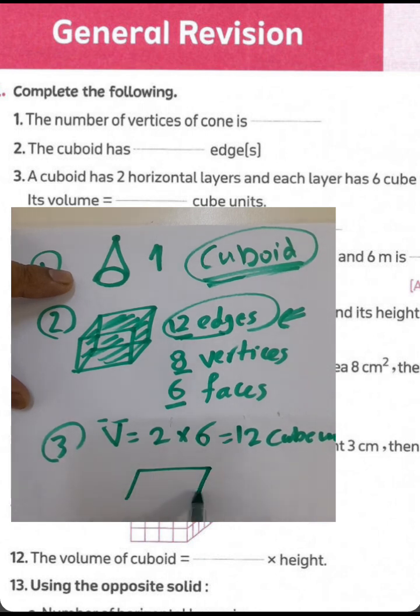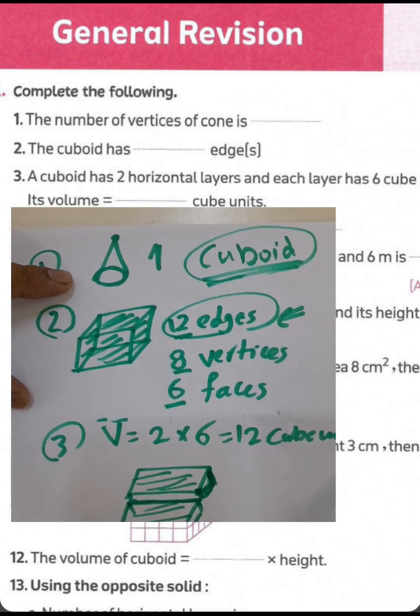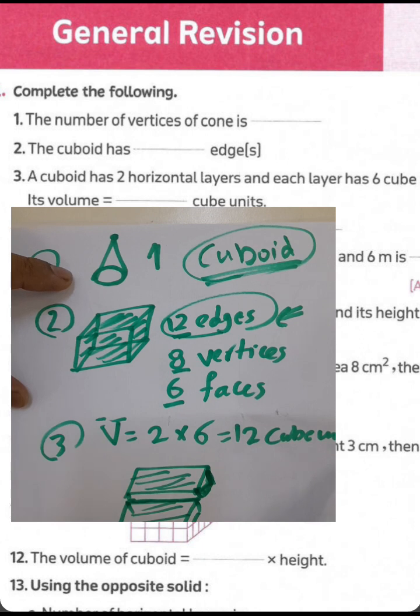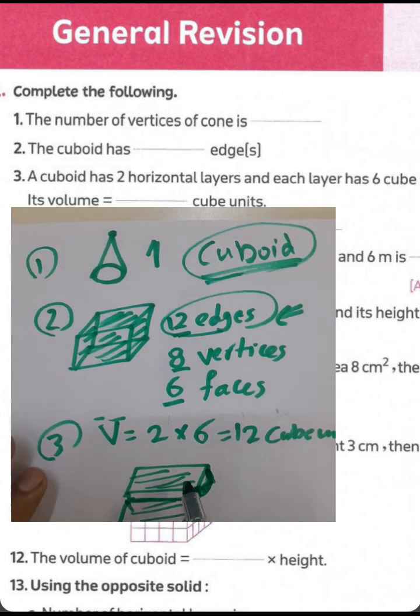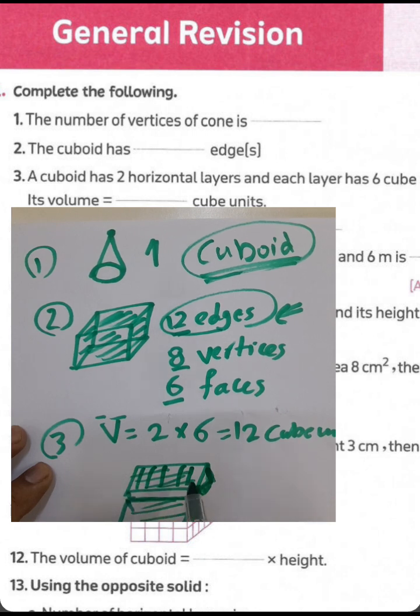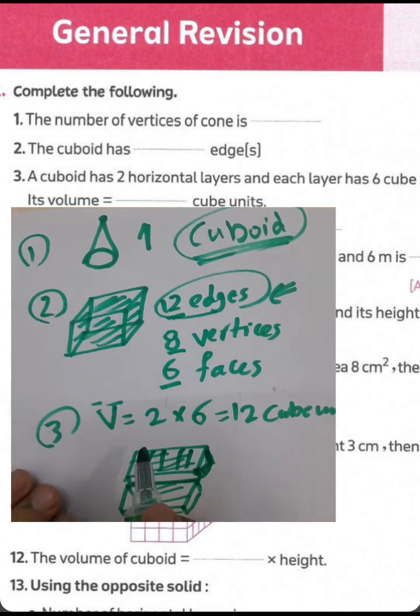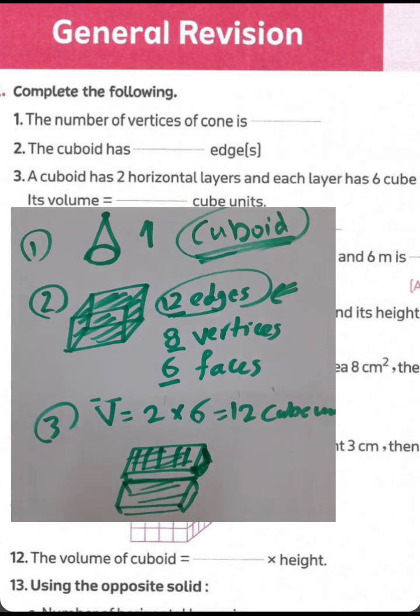Here we have 2 horizontal layers. We write the number of horizontal layers multiplied by the number of cubes in each one. Each one contains 6 cubes. Then the volume is the number of horizontal layers times the number of cubes in each layer: 2 times 6 equals 12.